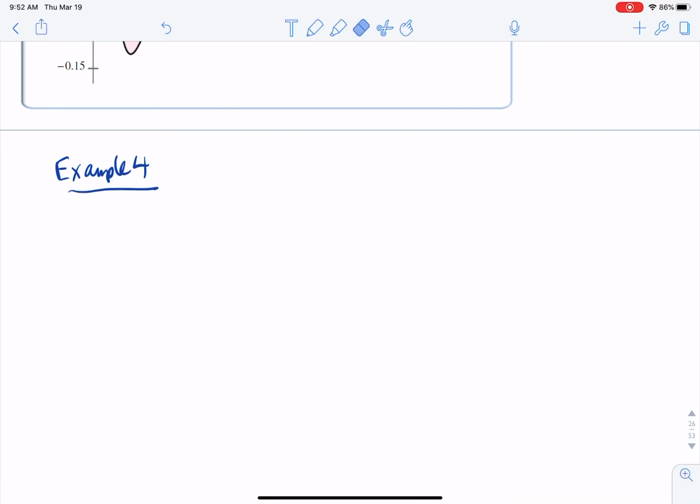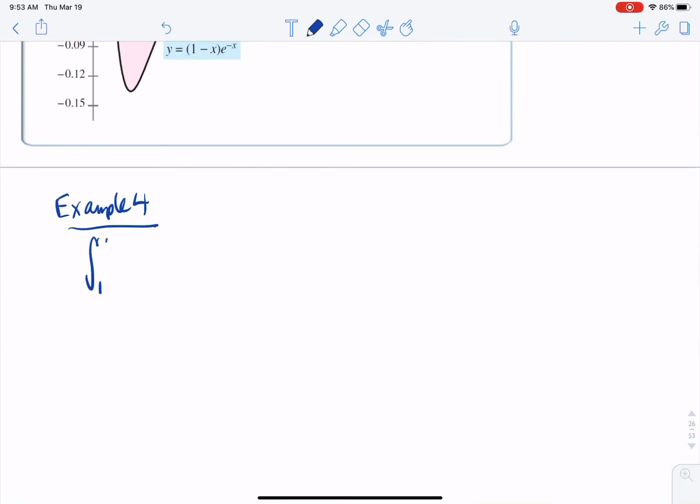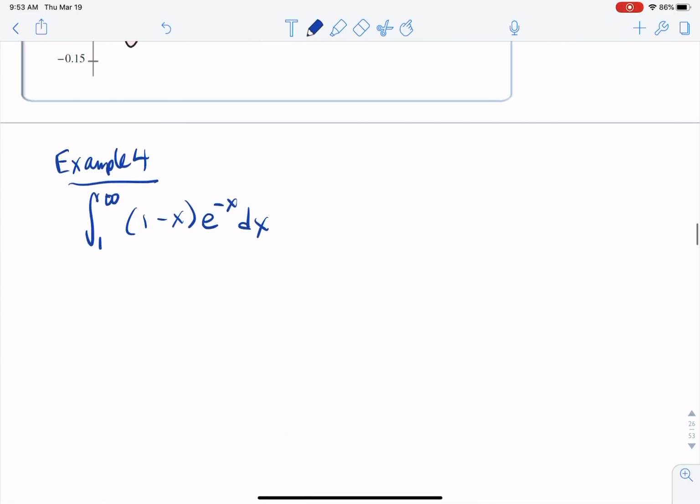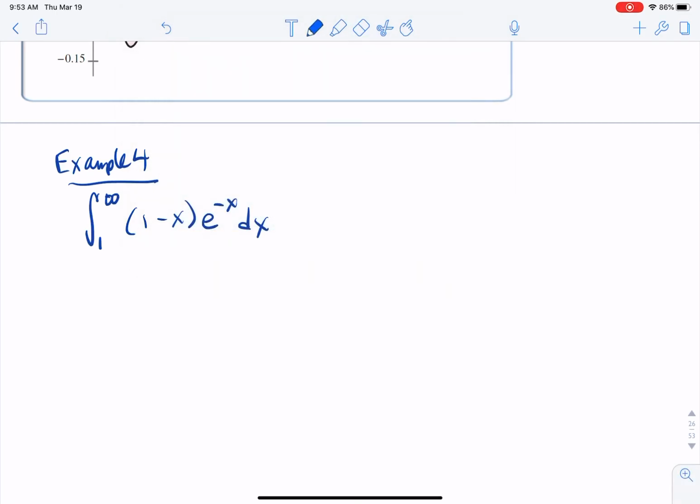I've got the improper integral from 1 to infinity of 1 minus x times e to the negative x with respect to x. Make sure I wrote that down correctly. Okay, and then we said we're going to let our u equal 1 minus x, letting our du equal a negative dx. This is not like u substitution where you have to compensate for the negative sign.